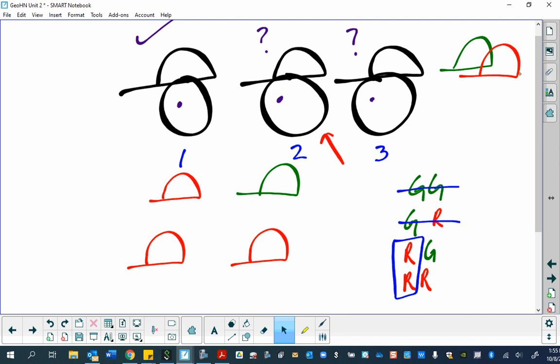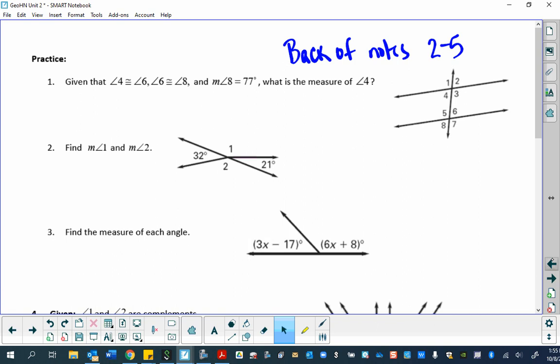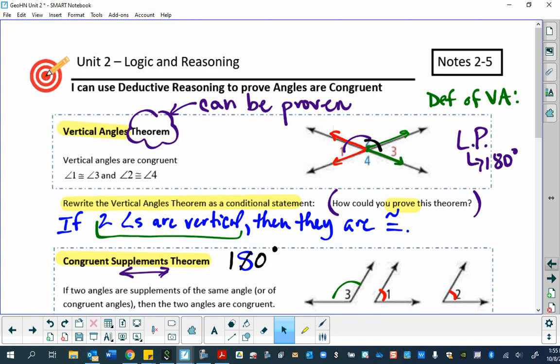All right, so we talked about the front. We talked about the back. Next thing we're going to talk about is I'm going to put you back into your notes 2-5. Would you please take out notes 2-5? You should have them.